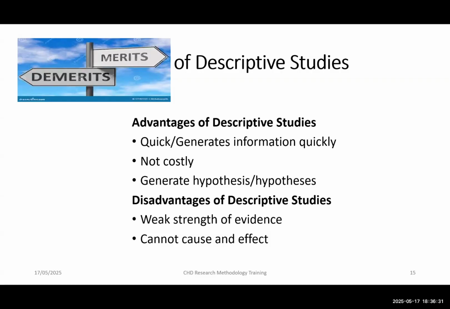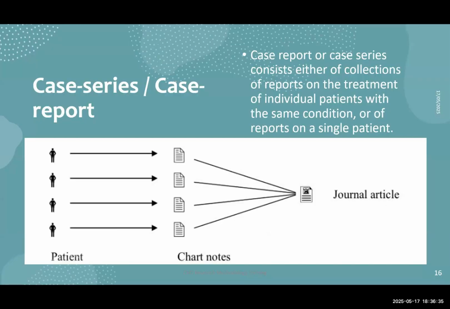So now going to the descriptive studies in detail, the first one is your case reports or your case series. Case reports basically consist of collecting information or reports on an individual with a certain condition. So there's one person or one subject, and you're collecting information on that subject.